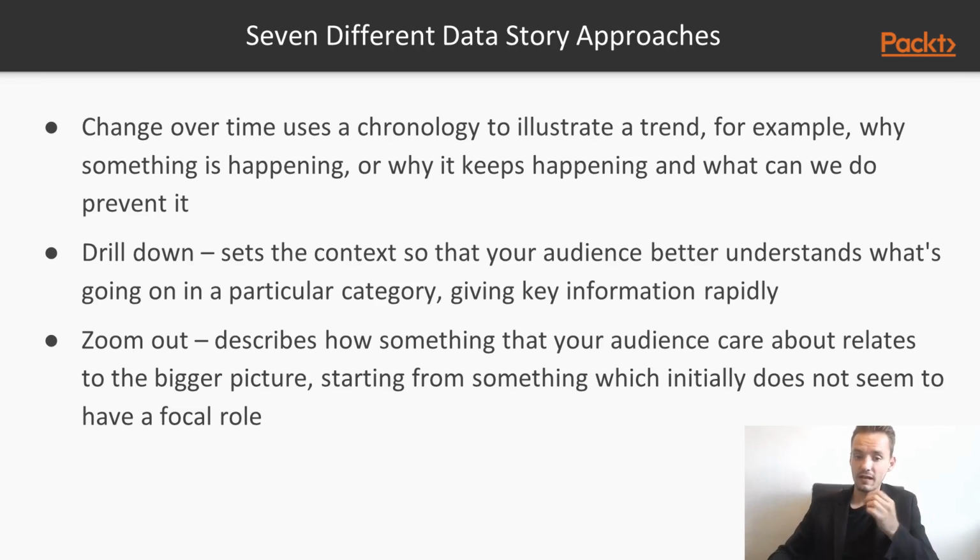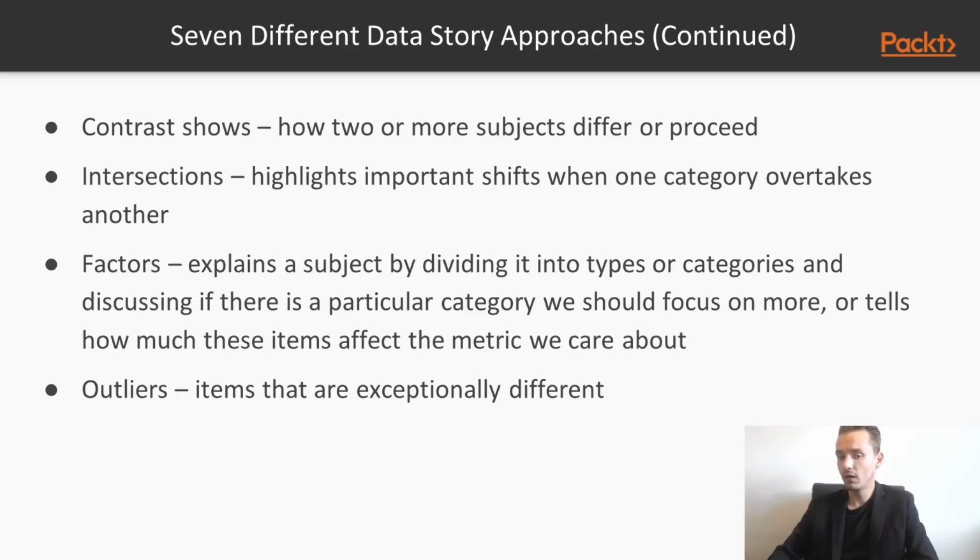Drill down sets the context so that your audience better understands what's going on in a particular category, giving rapidly key information. Zoom out describes how something your audience cares about relates to the bigger picture, starting from something which initially doesn't seem to have a focal role.